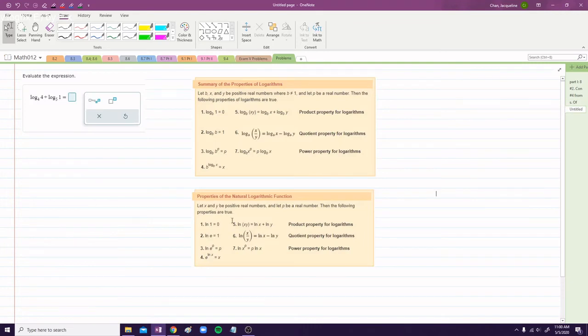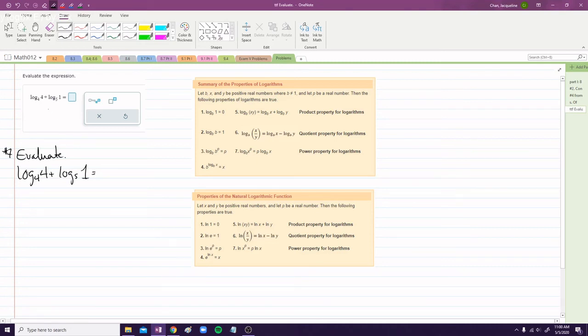The last example I want to talk about is when you see a logarithmic function. So when you have these functions, number 7, and it says evaluate. You'll have log base 4 of 4 plus log base 5 of 1.